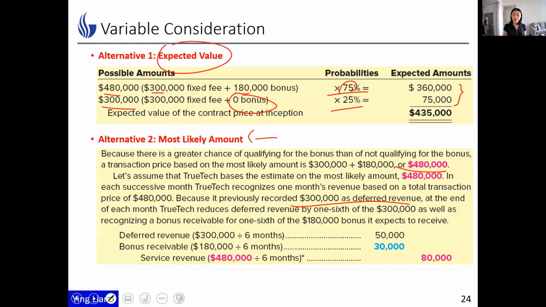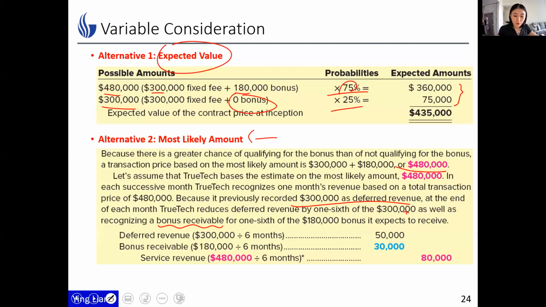That's fair, right? 300 is allocated evenly over 6 months. And this is for the 300. We also have a bonus. So how do we recognize the bonus? We create another account called bonus receivable, and each month I treat 1/6 of the 180 as bonus receivable.